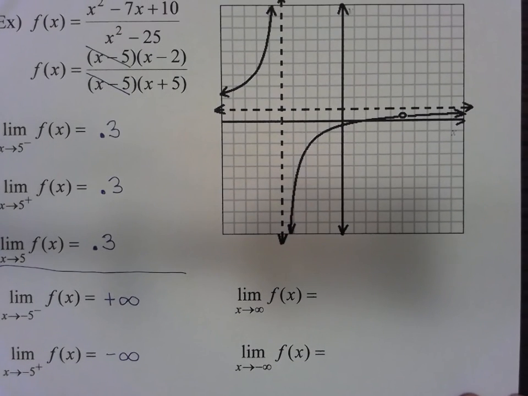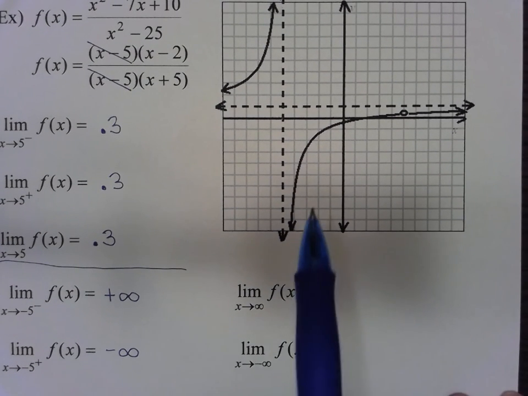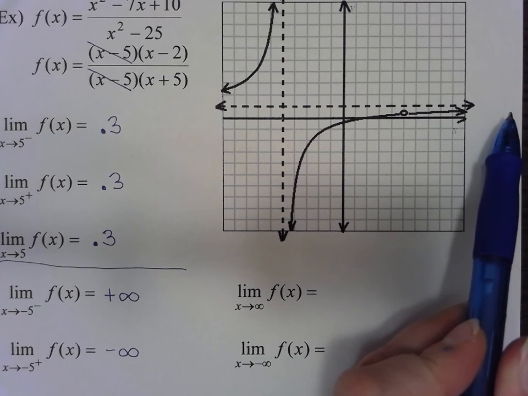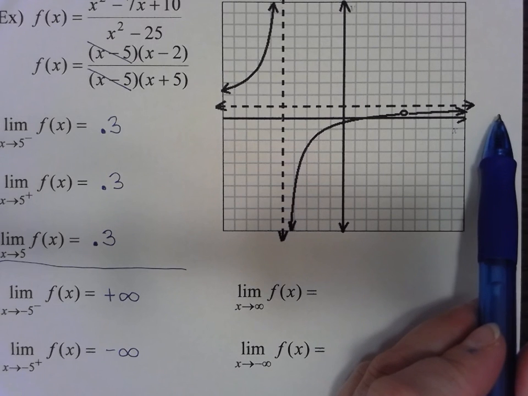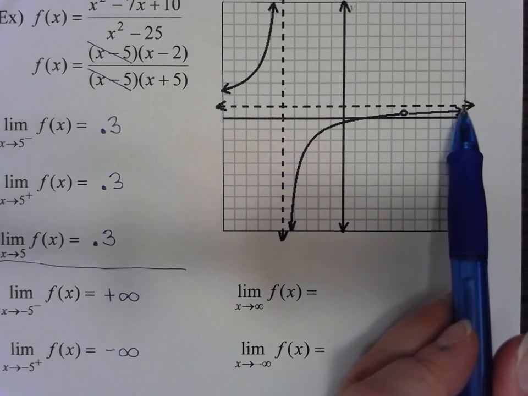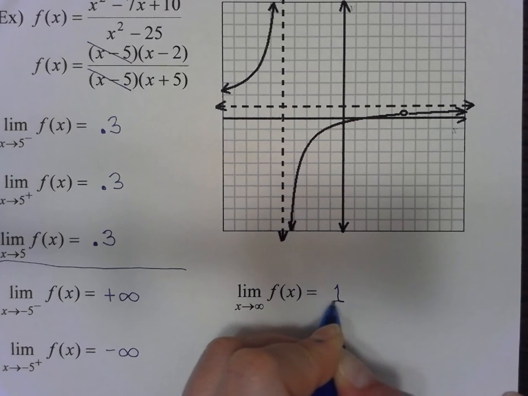Okay, what about the limit as x approaches positive infinity? As x gets really, really large on the positive way on the right here, this is where that horizontal asymptote comes into play. So the y value is going to get closer and closer to the horizontal asymptote, which is at 1.